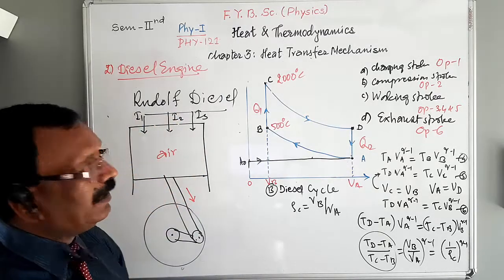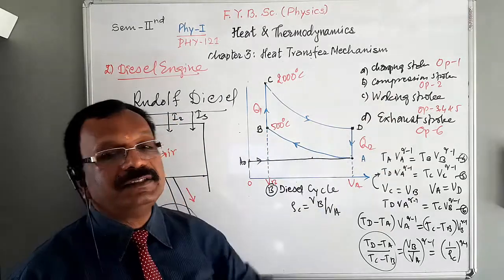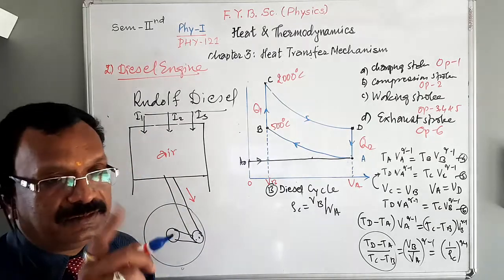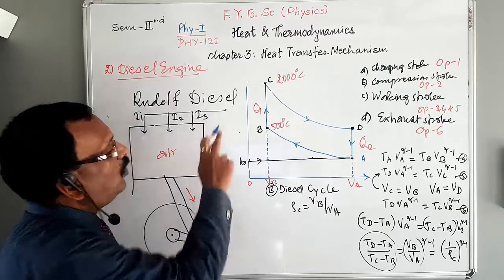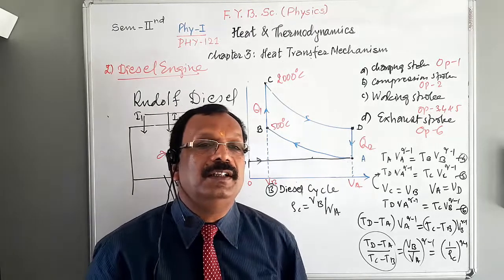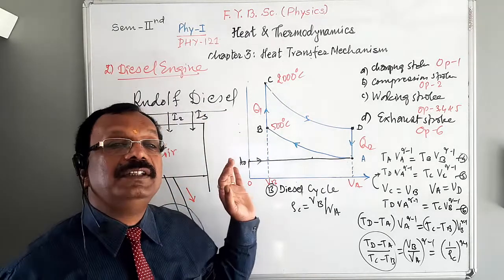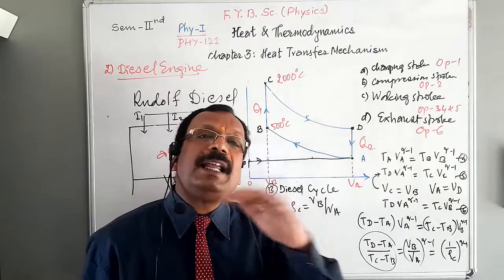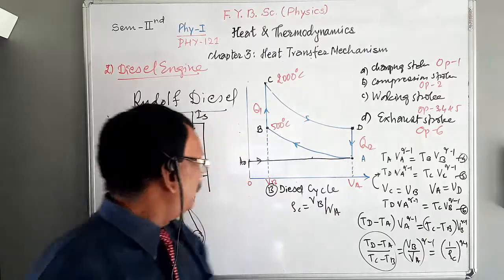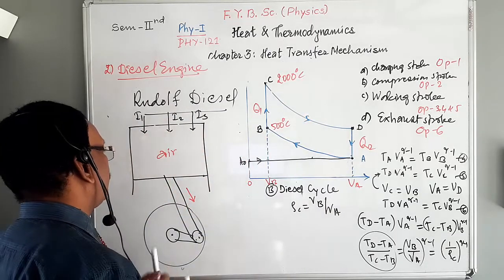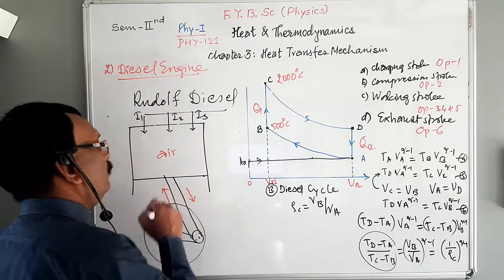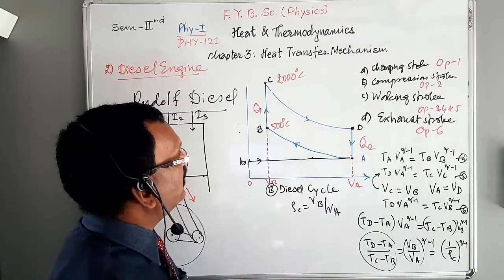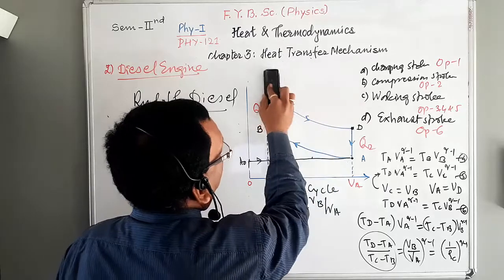Now the second operation, that is the second stroke, the compression stroke. During this stroke, all 3 valves are closed. That is, I1, I2 and I3 are kept closed. The piston moves inwards. There is a small change in the figure like this.